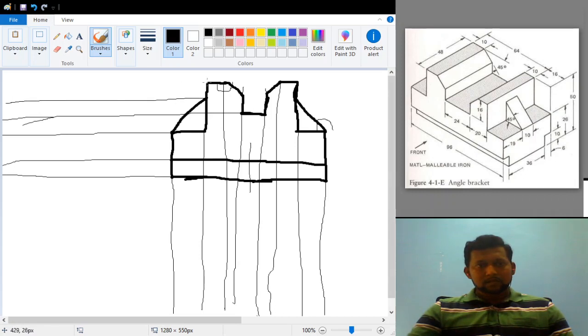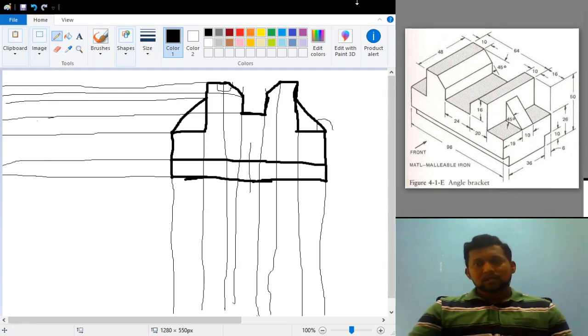This one as well as this one also, and lastly this one. These lines are for the side view, whereas these vertical lines are for the top view.